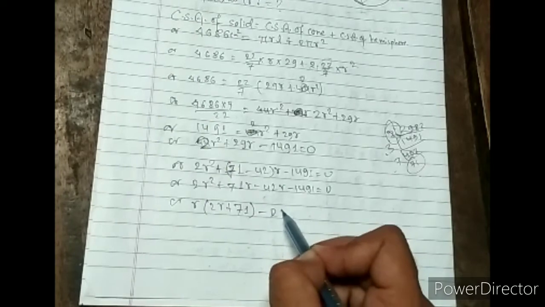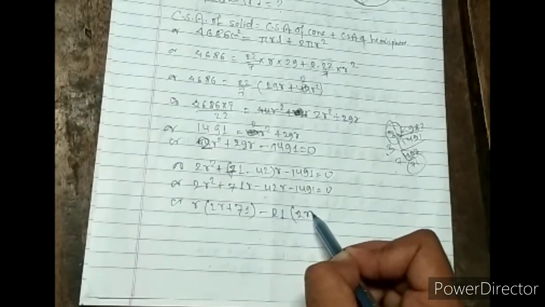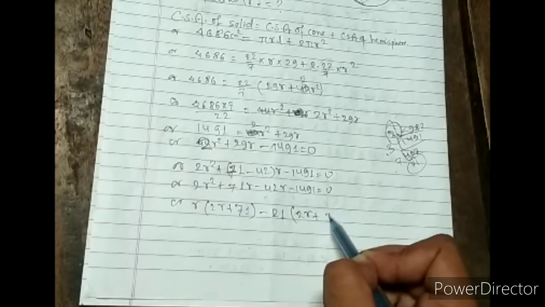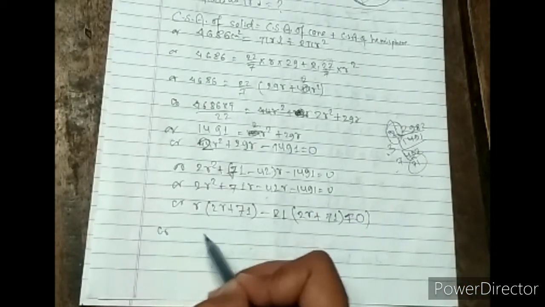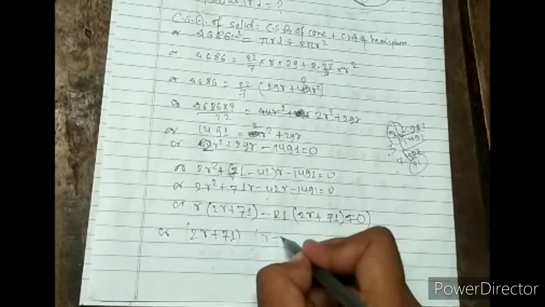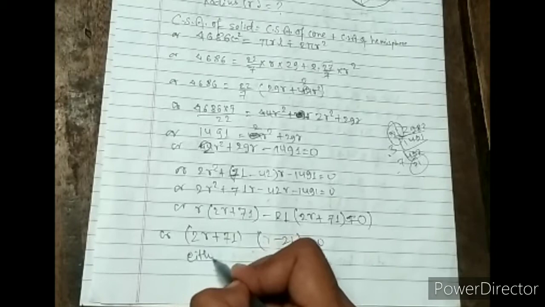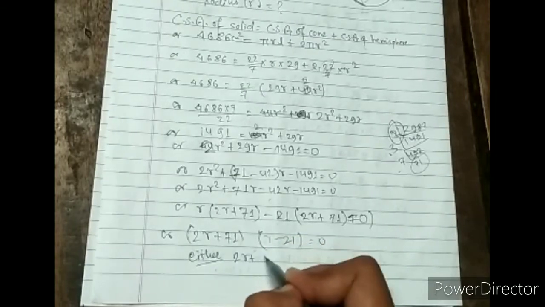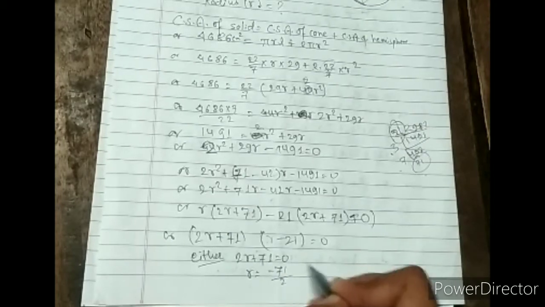42. Then 21 will be taken common. 21 (2r + 71)(r - 21) equals 0. Now 2r + 71 = 0 or r - 21 = 0. From 2r + 71 = 0, r equals minus 71 by 2.